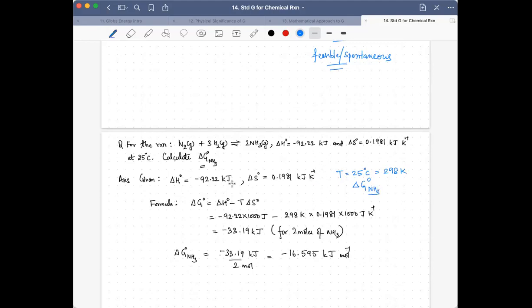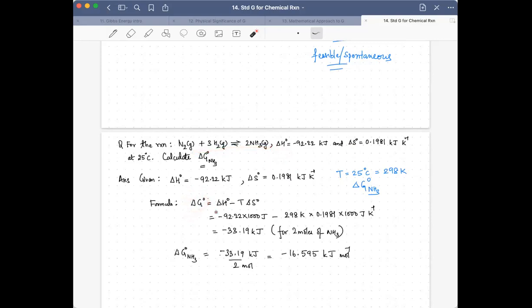Now, the delta H naught and delta S naught are given for this particular reaction, so you can calculate delta G naught for this reaction.